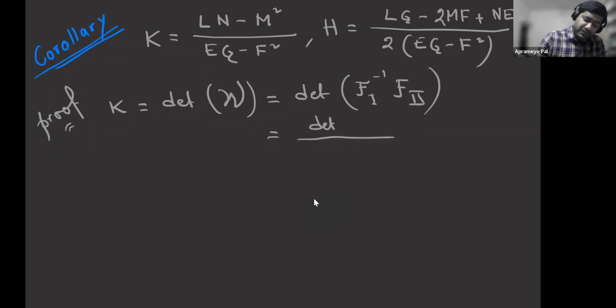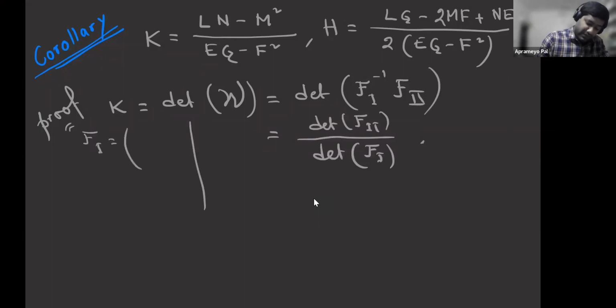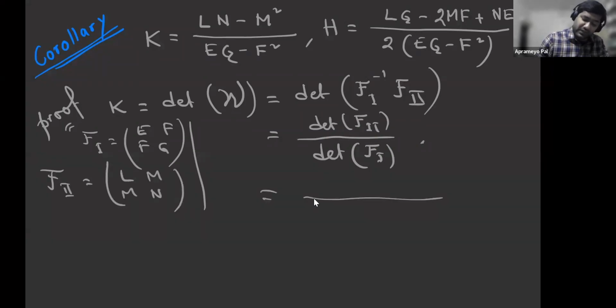So this is given by determinant of F double I by determinant of FI. And if you remember what was FI, FI was E, F, F, G, and F double I was L, M, M, N. So now this is immediate, right? This is what I want to prove.